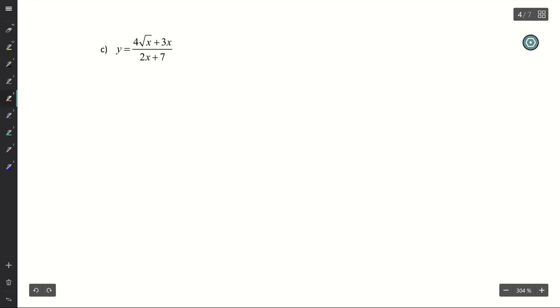All right, let's now go to this problem here. This one, we notice it involves a root of x. We always want to rewrite those having fraction powers. So let's rewrite this original question as 4x to the 1/2, and then plus 3x, and then all of that is over 2x plus 7.